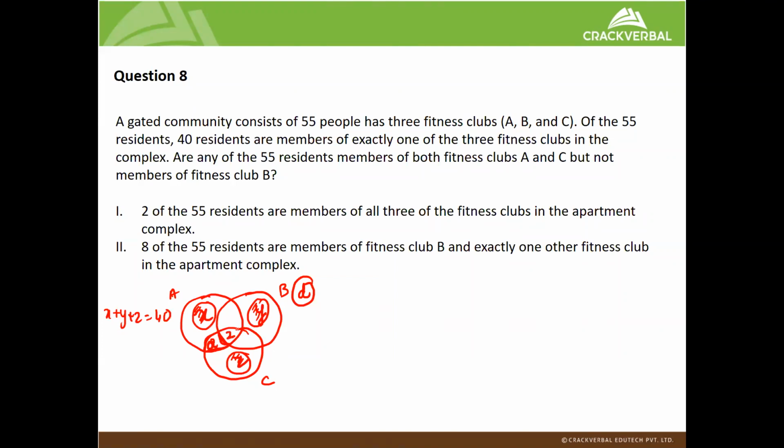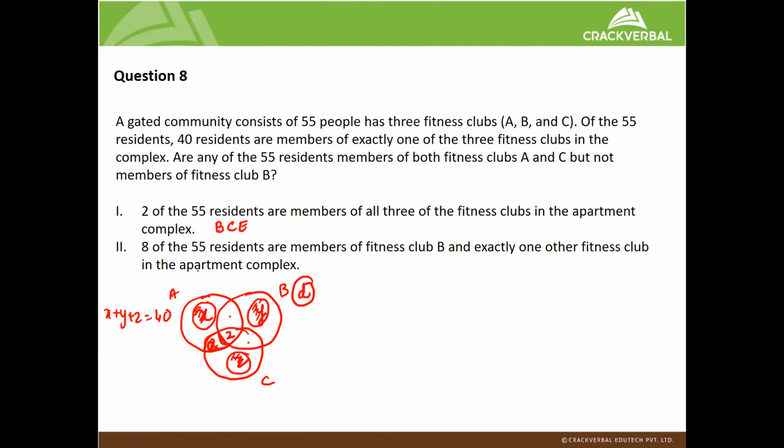So 55 minus 42 is 13. So I still have to distribute 13 residents, right? So I can do it the way I want. I can put 13 in this value for A, and this is 0, this is 0, and the outer region to be 0. Or I can flip it: 0, 0, 0, 13. So this region can have some people, need not also have some people. So the first statement is clearly insufficient.